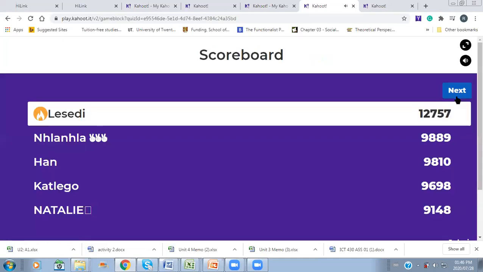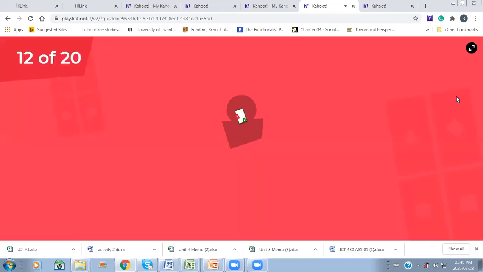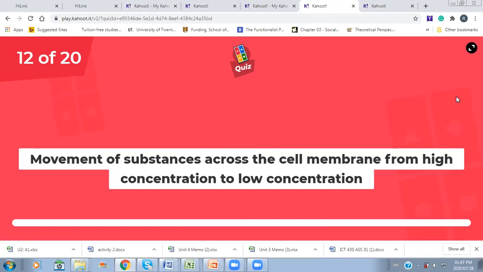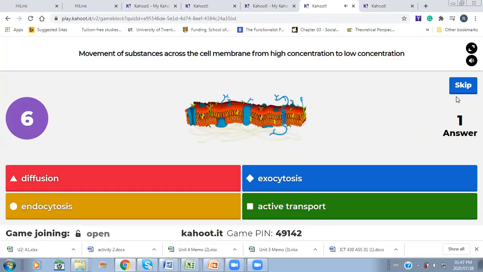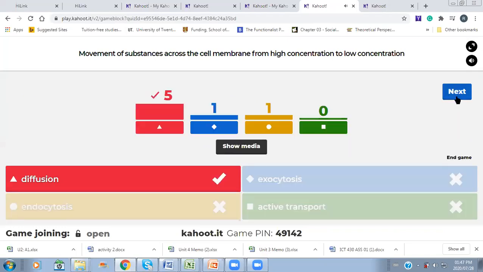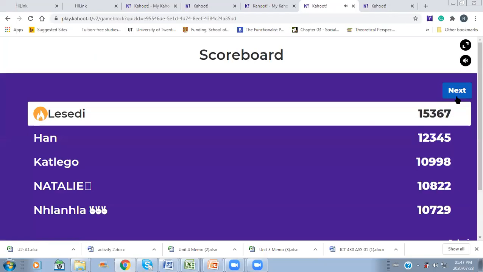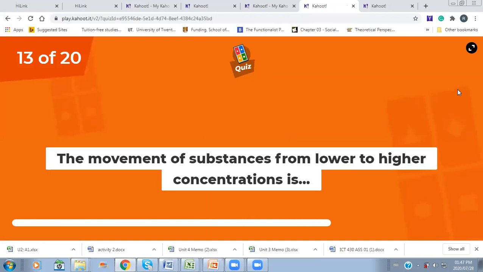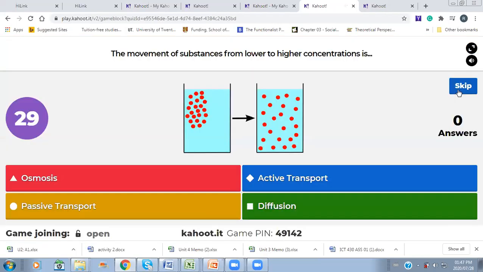That's good. Let's go to the next. Very good. Let's go to the next. Movement of substance.